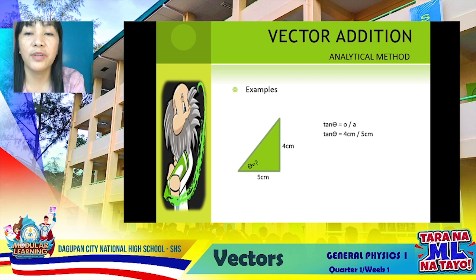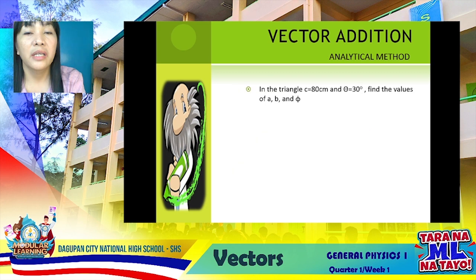So tangent theta therefore is equal to 0.8, so theta therefore is equal to the inverse tangent of the absolute value of 0.8. Hence, we obtain theta equal to 38.66 degrees.